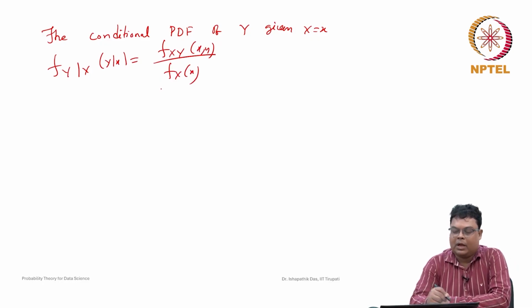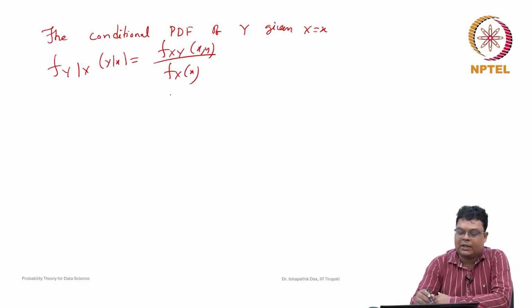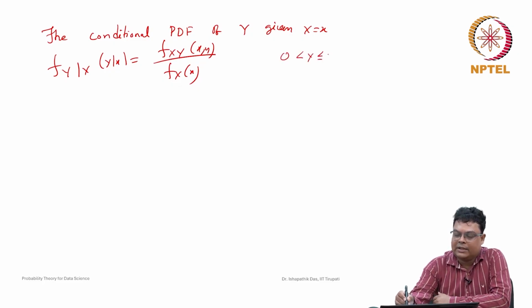Now the joint probability density function is non-zero in the region 0 less than y less than or equal to x less than 1, and f of x is also non-zero whenever x is between 0 and 1.